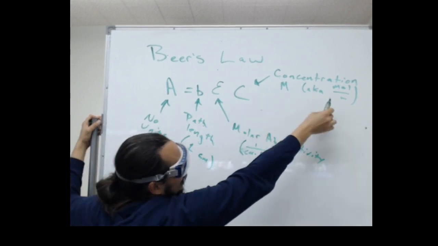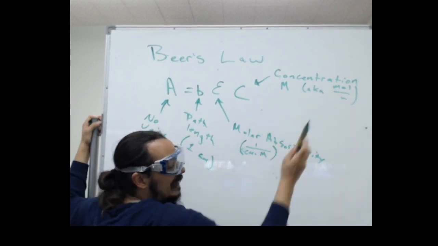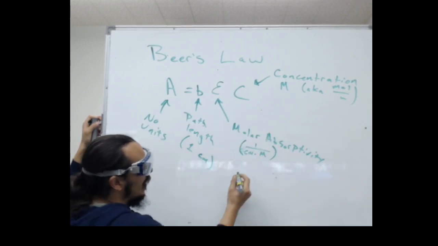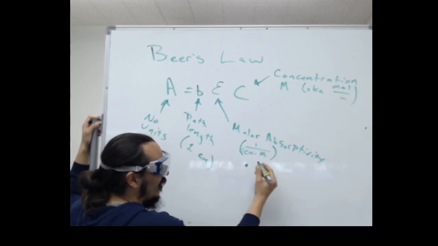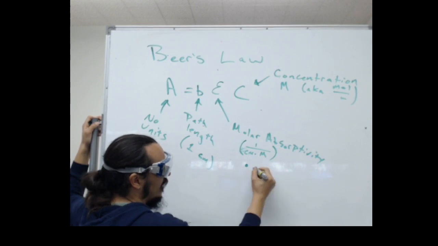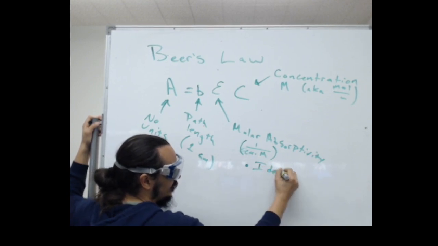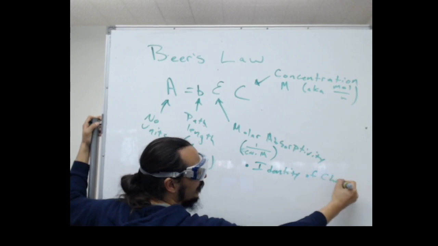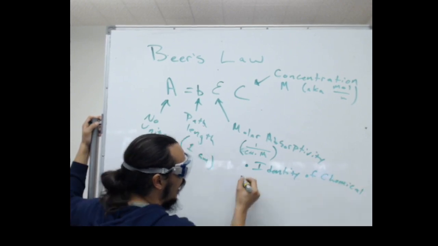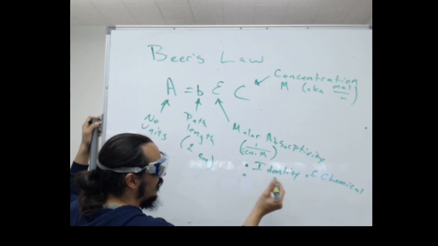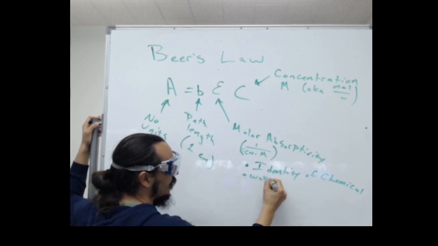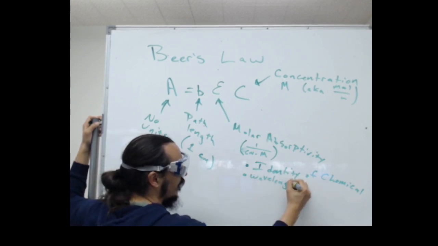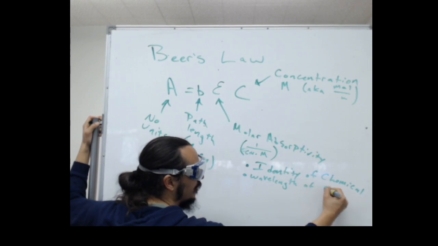Concentration is this idea of how many molecules are in your solution. Molar absorptivity is going to depend on the identity of the chemical, and it will depend on the wavelength of observation.